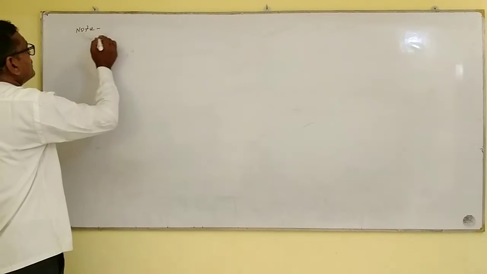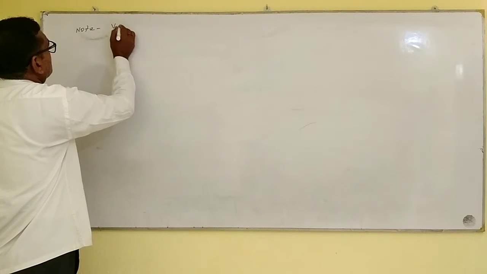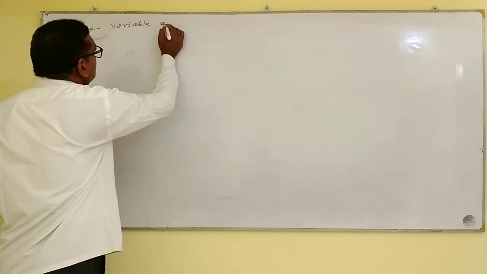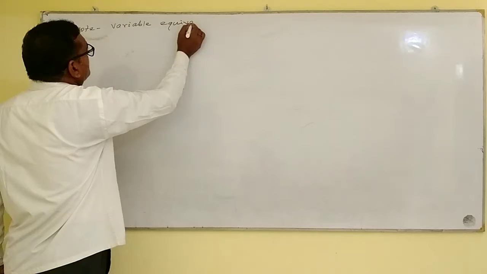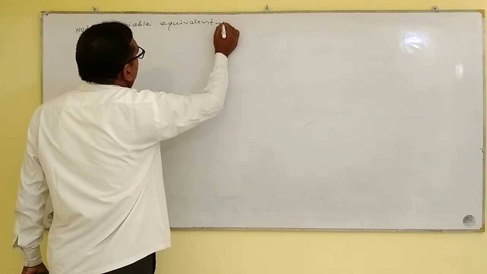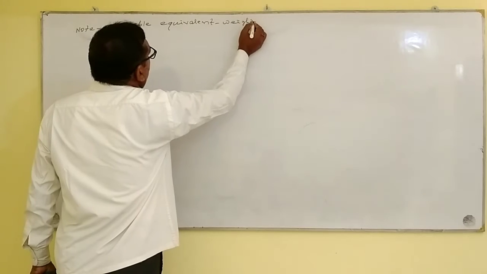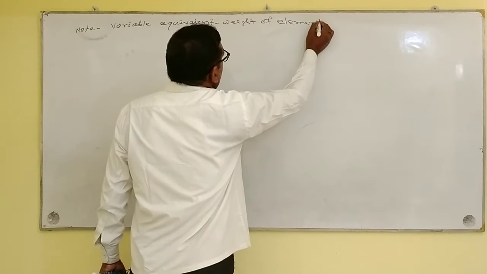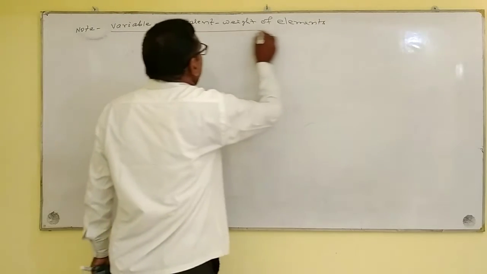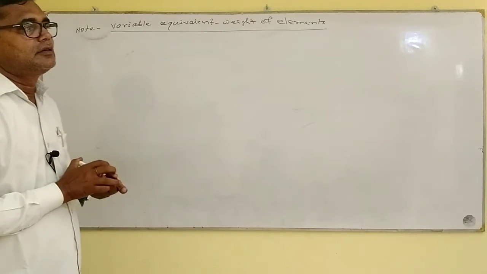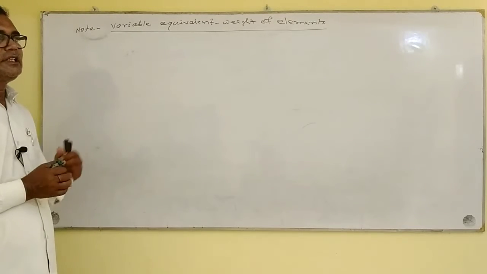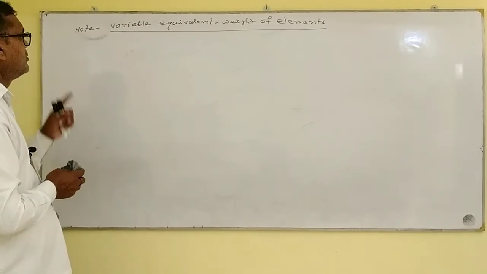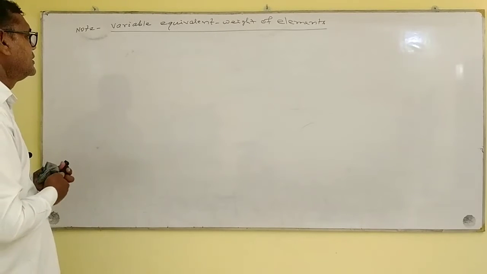We write a note: variable equivalent weight of element. The elements which show variable valency can explain variable equivalent weight.